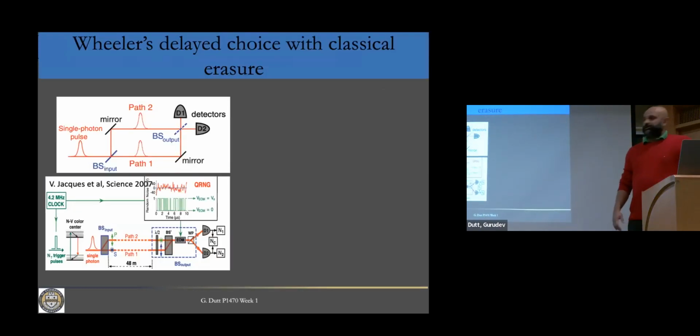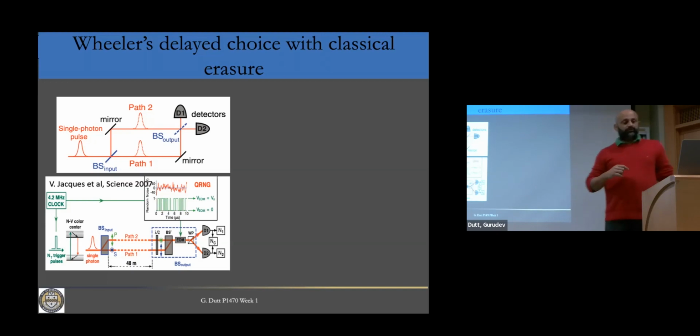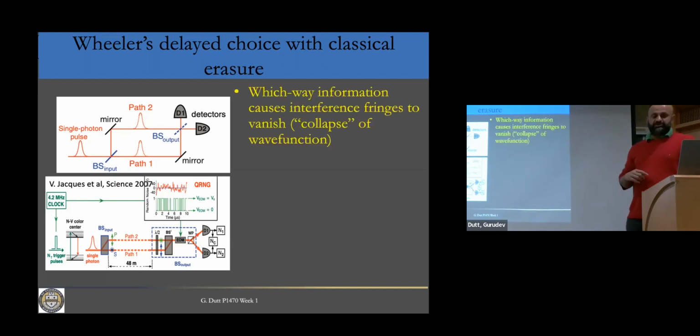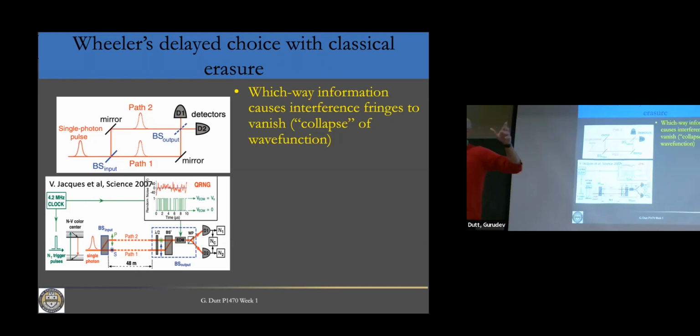Okay. So in the last class, I ended with an overview of a famous thought experiment by Wheeler, called Wheeler's delayed choice experiment. The idea is that a photon can either take path 1 or path 2, like the two slits in the electron interferometer.